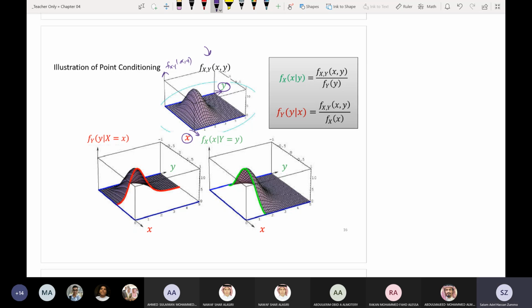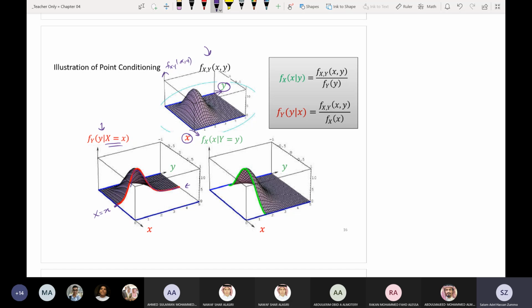Then if I condition that x equals a specific value, as if I am setting the value of x to be x. So the function that I get is a function of y. You can see that this red function here is a function of y.